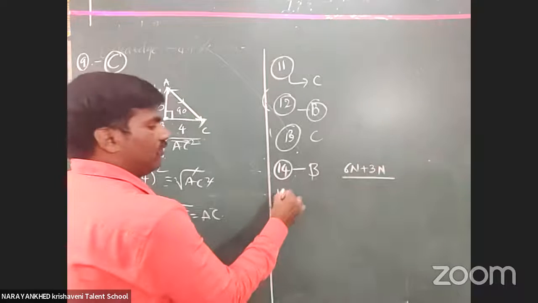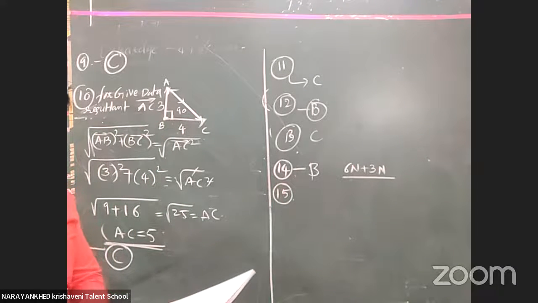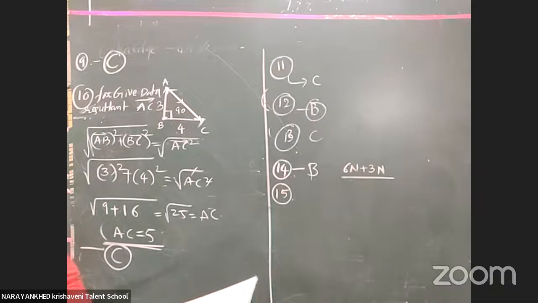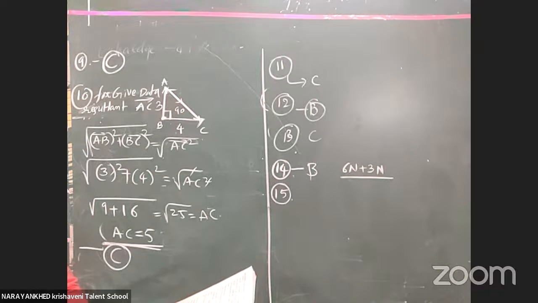Next, 15th question. A scalar quantity is one that is unitless, is conserved in a process, has the same value for an observer with a different orientation of axis, or is independent of direction.